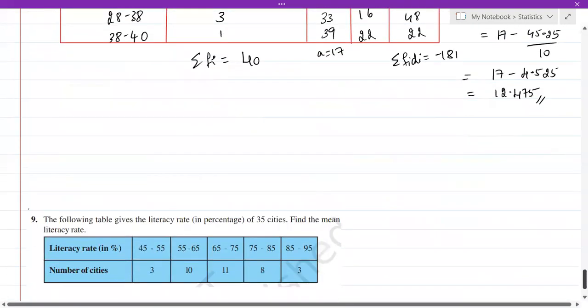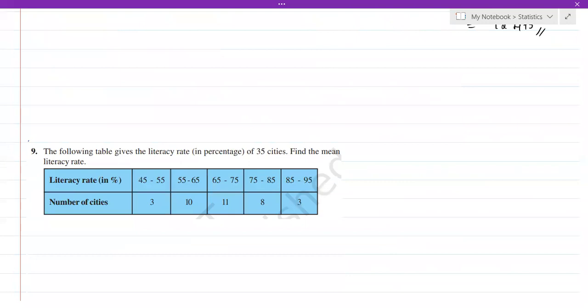Okay, so let's get into the final question. In this final question, again, the table is given. Here we have to find the mean literacy rate. Okay, so let's construct the table.